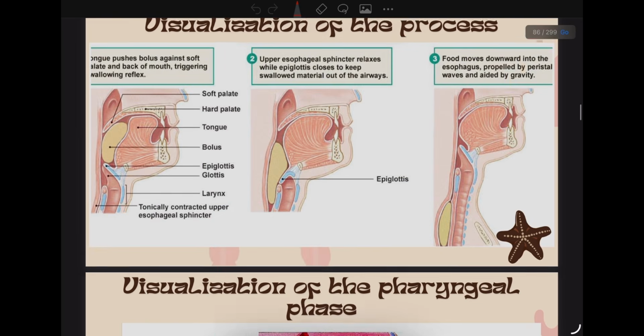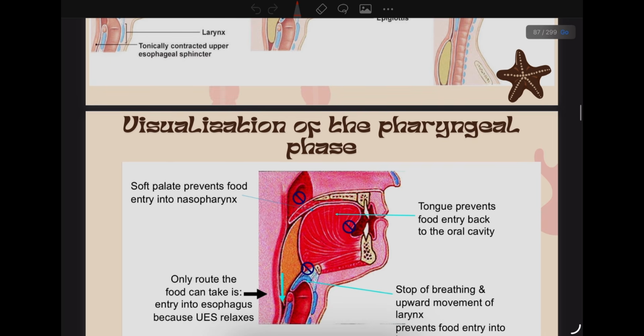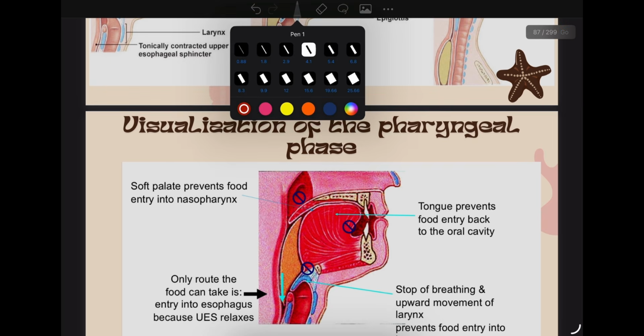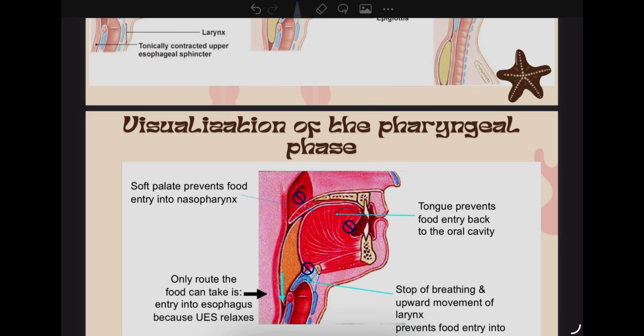Just imagine here, for example, the tongue pushed the food back, but still the food can go up to the nose. So this nasopharynx will be sealed by what? Contraction of the soft palate. Okay. So now where can the food go? Only down and only down from here.